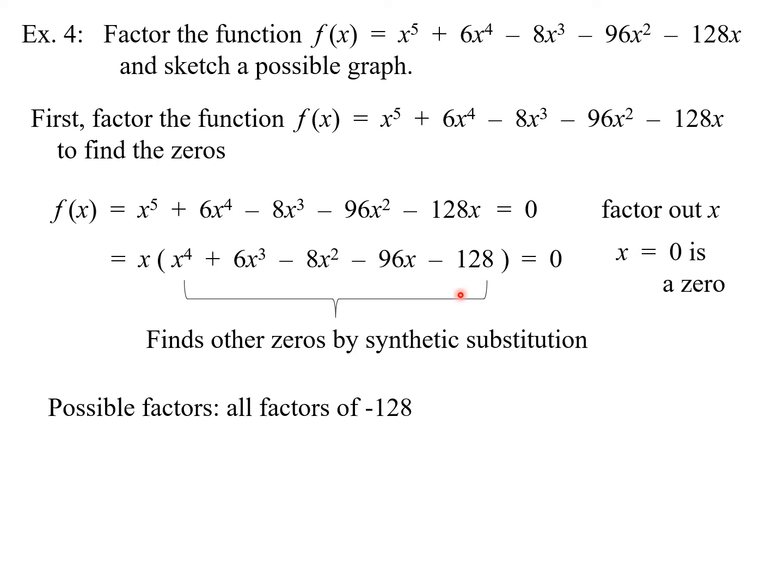And it has factors of -128 because the leading coefficient, the x to the fourth coefficient, is 1, right? So I don't have to worry about that. So it's negative 128. So I list all those and I get these. And I have to test these to see which are going to give me a remainder of 0, or which will indicate a 0.